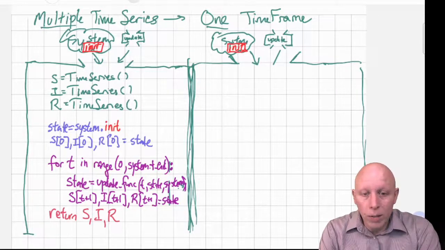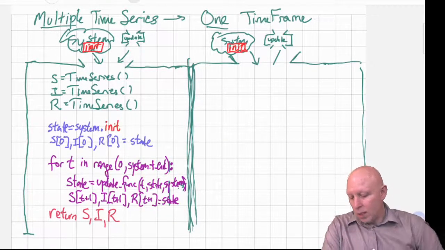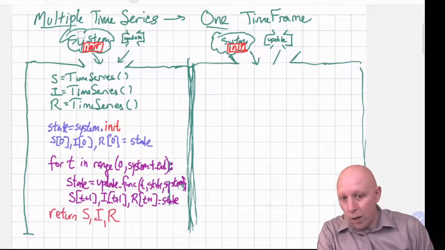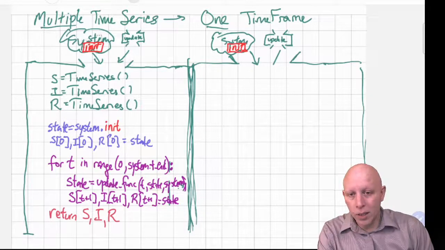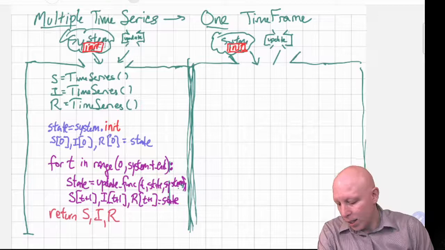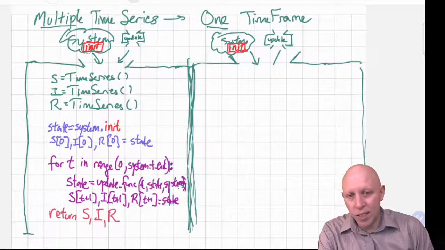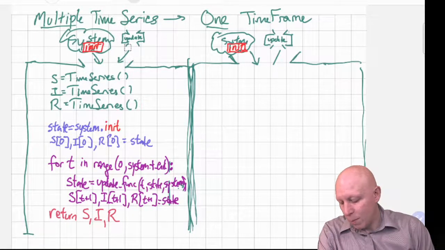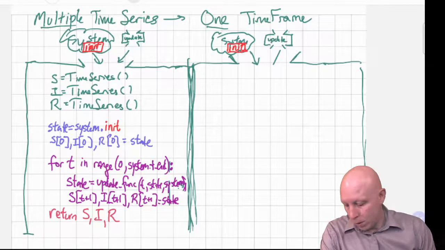Let's just do a quick recap of how this worked before. We had a system object where, in this system object, you have a state called init, and you put that and the update function into your run simulation.